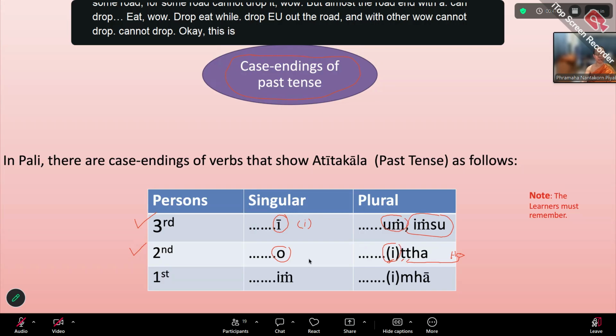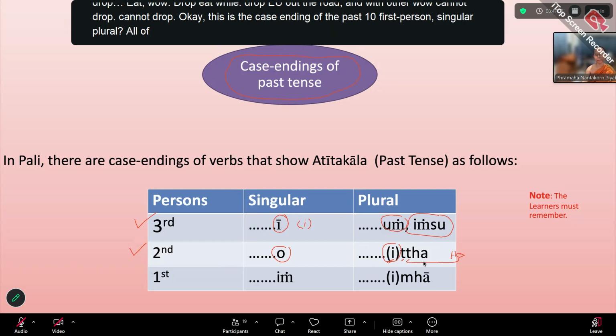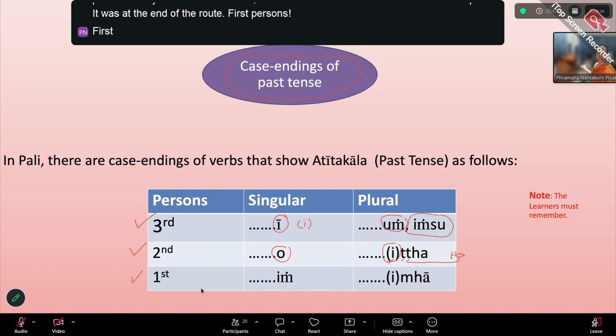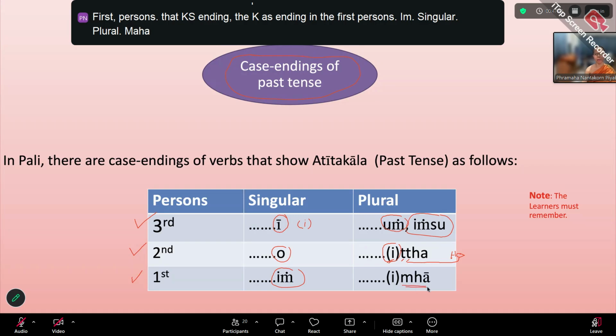This is the case ending of the past tense, second person, singular and plural. All of you have to remember o, ttha. Sometimes the vowel at the end of the root is dropped. First person: the case endings singular and plural, mhi, mha.